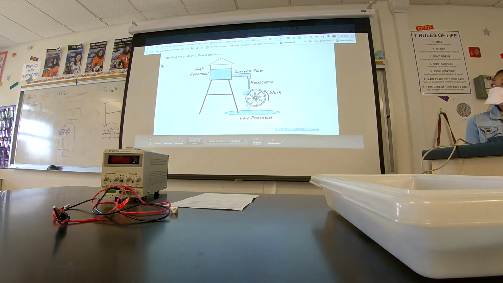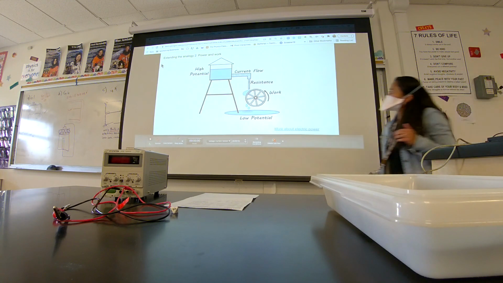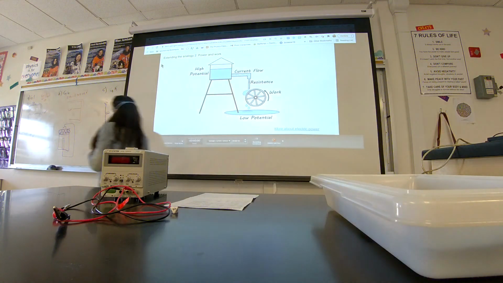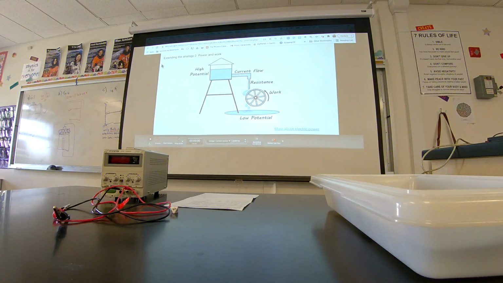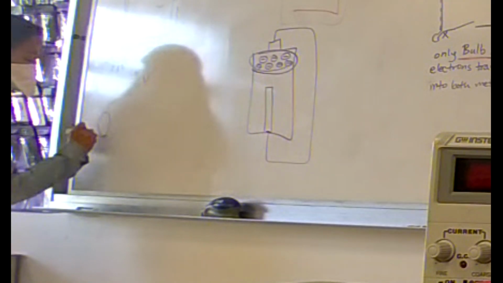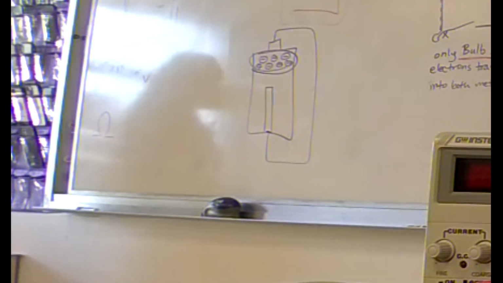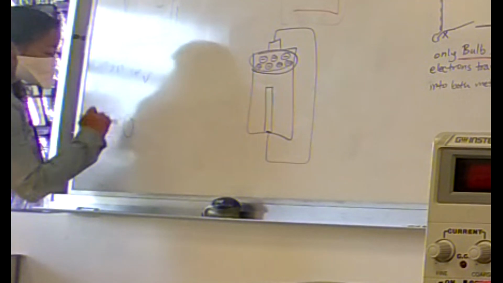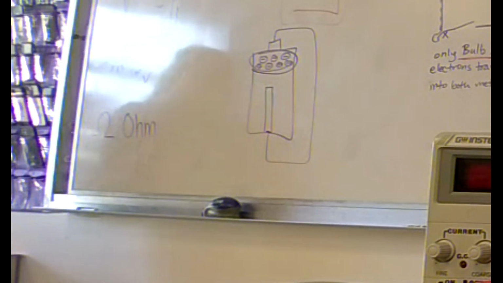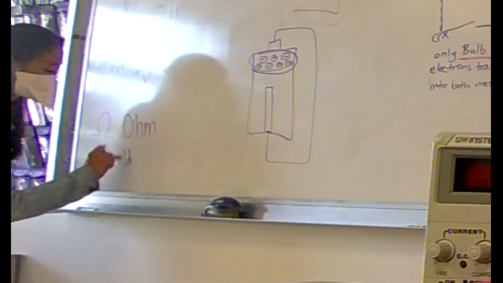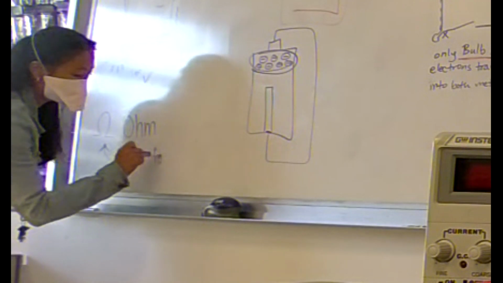One thing I didn't mention, I should have added this to the slides here, is we've got another symbol called ohm. It's our omega symbol. And this is our unit for resistance.